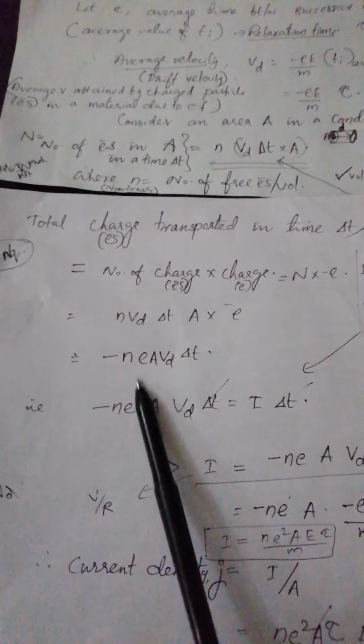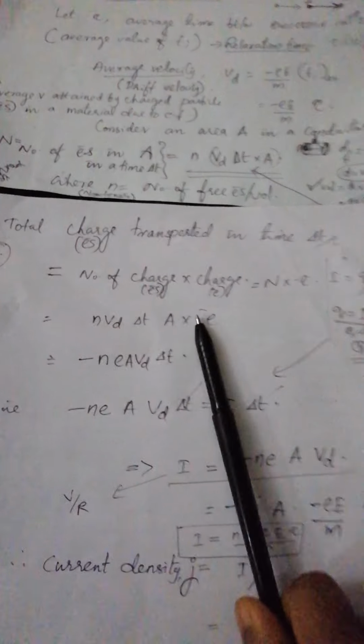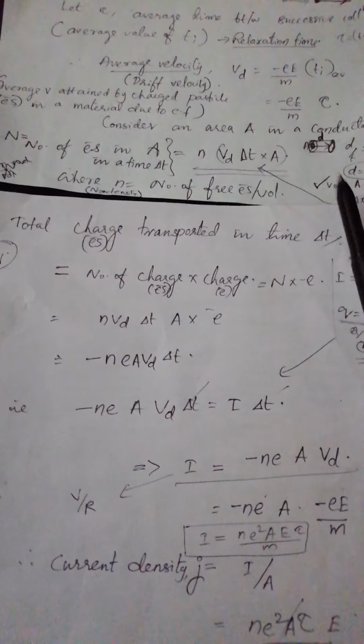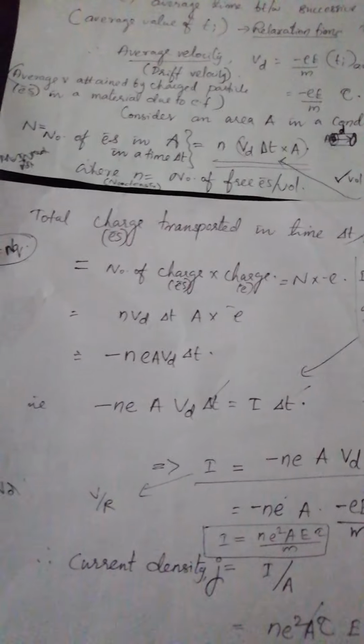This is the total charge transported in a time delta t through this conductor.